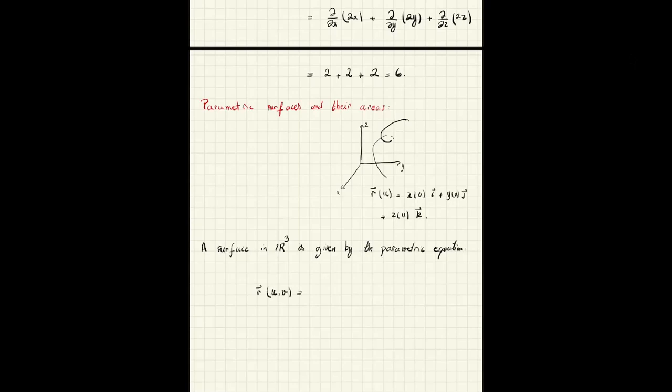And of course, you will have functions of two variables: x(u,v) i plus y(u,v) j plus z(u,v) k.